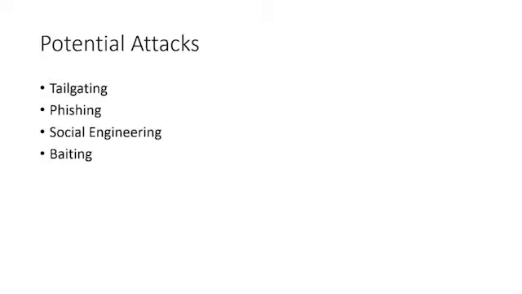Social engineering. Phishing is kind of a social engineering, and social engineering is a huge topic in and of itself. But you can do different things with social engineering, like phishing, like we just talked about. You can do spear phishing. You could do vishing, calling people, trying to get them to give you information. You could do whaling, going after emails with people with lots of high access, CEOs, CIOs, COOs.